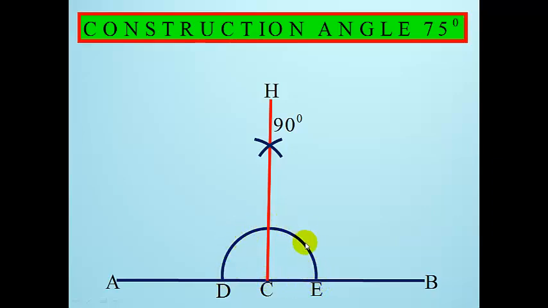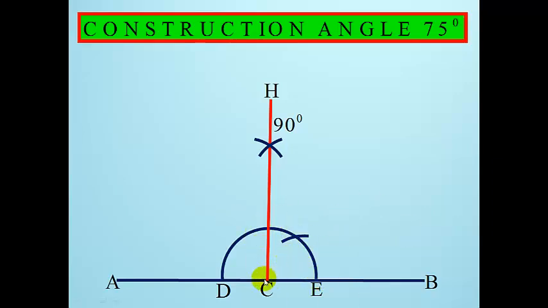That is the arc DE. Now this arc was described with a reasonable radius. With that same radius that you use in describing this arc, stand at point E and describe another arc on that first arc as shown.